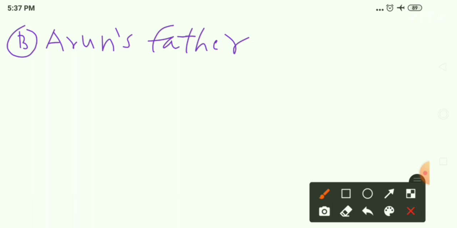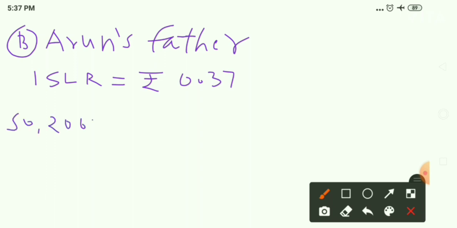So let me write this statement. 1 SL rupee is equal to 0.37 rupees. So 2000 Sri Lankan rupees is equal to 0.37, which means 37 paise.